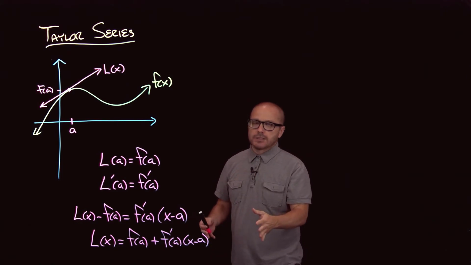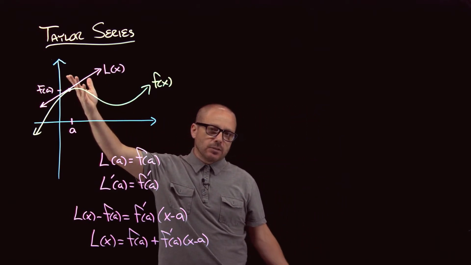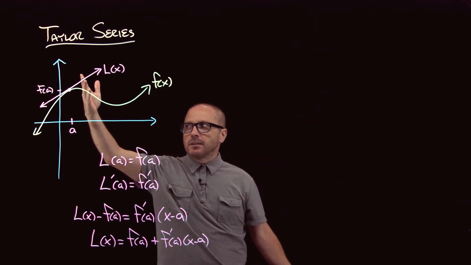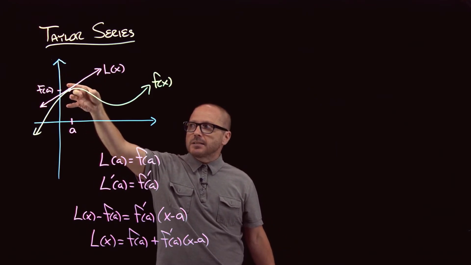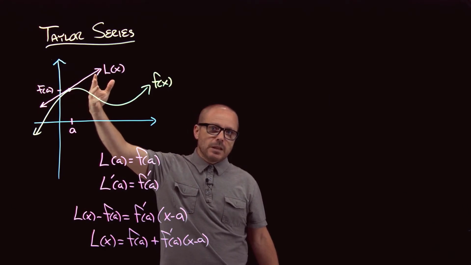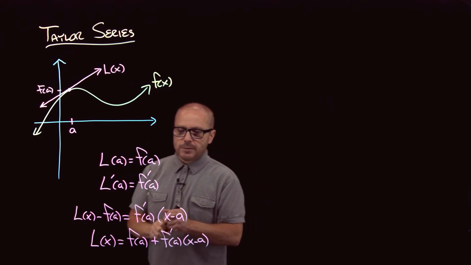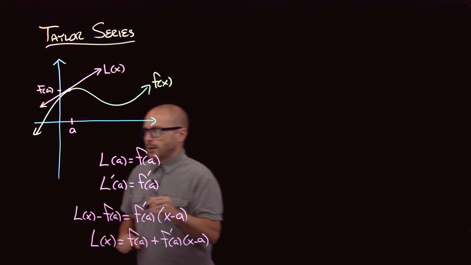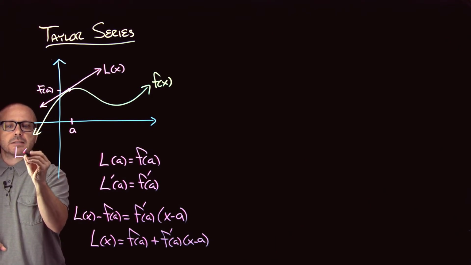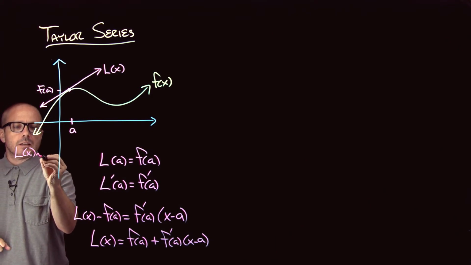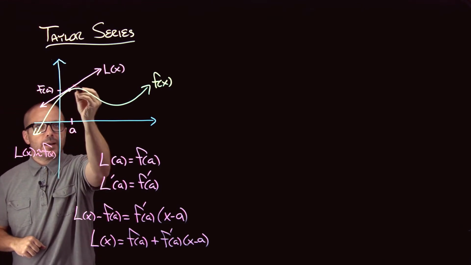So what was the point of a linearization? The point was it made a good approximation, or maybe an approximation. Let's not say good or not. But near A, it was supposed to approximate the function, right? So the point of a linearization is that L of x is approximately f of x, but only around here, right?